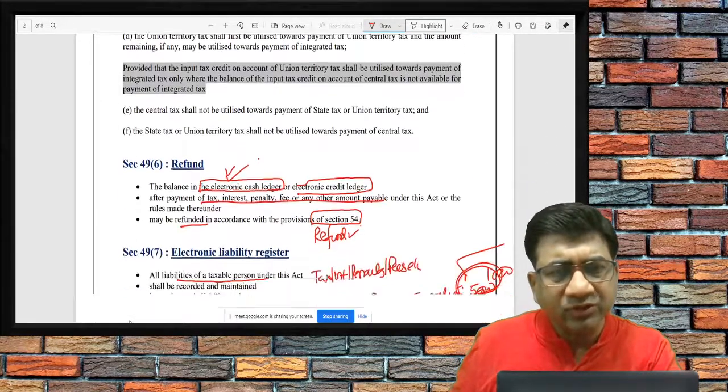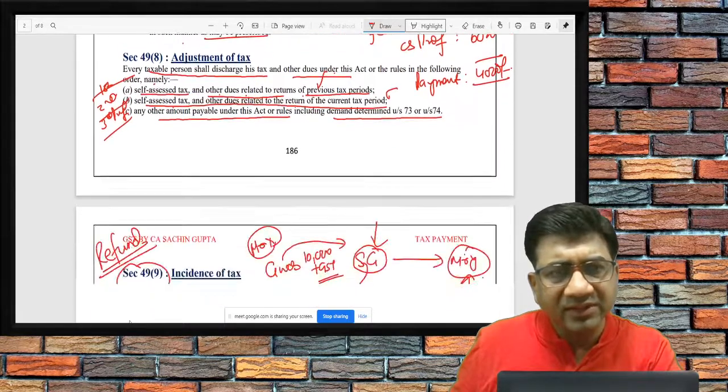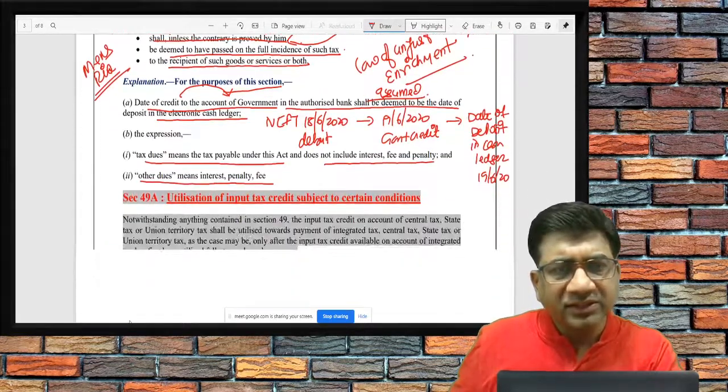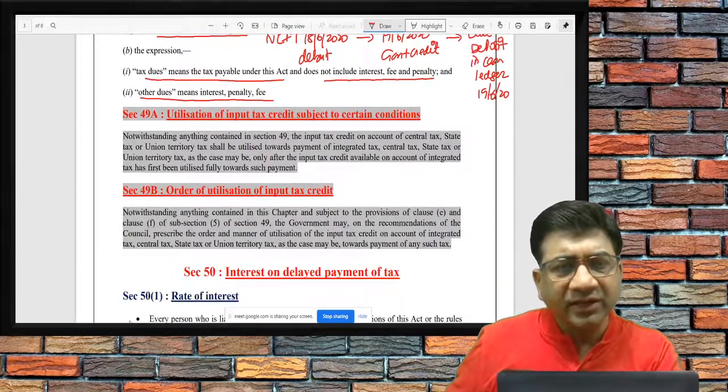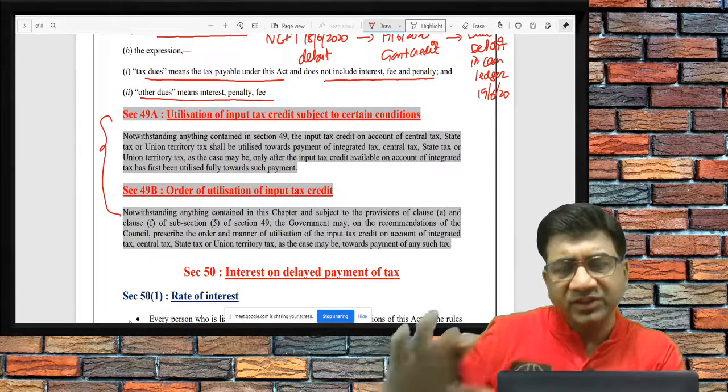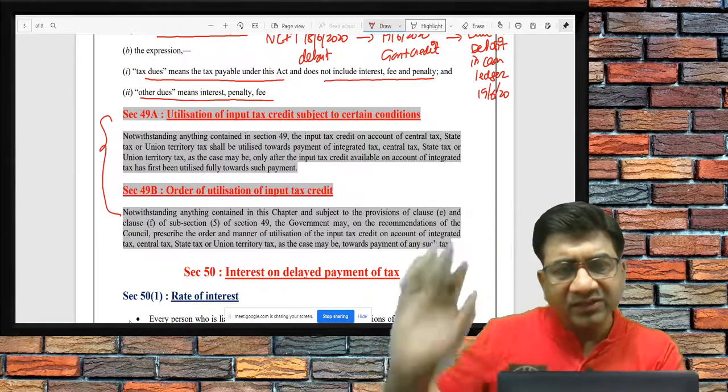Fine, I think we should not go and understand in deep everything. चलो जी, ये बात समझ आ गई. ये आ गया जी 49A 49B. This is all order of utilization which we have done earlier in the first class.